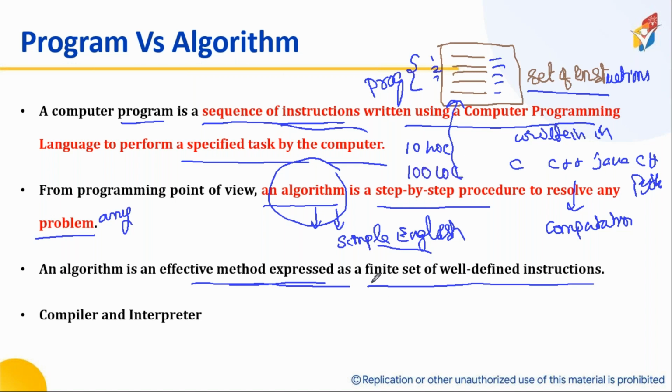That is called a finite set of well-defined instructions. Whatever statements I'm writing, each and every statement will have an outcome. That's what I'm comparing, a program and an algorithm, before going to Python. Some programming languages are compiled languages, and some are called interpreted languages.